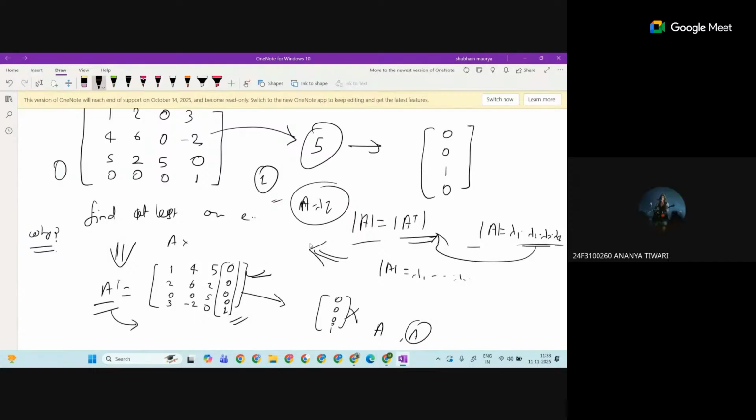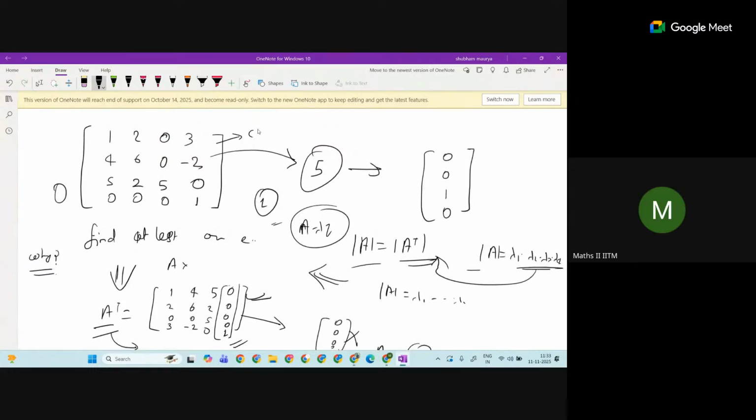Sir, how do we conclude the other values without solving the whole thing? The other ones are going to be tough now. What you can do is A minus lambda I and find the characteristic polynomial of it.